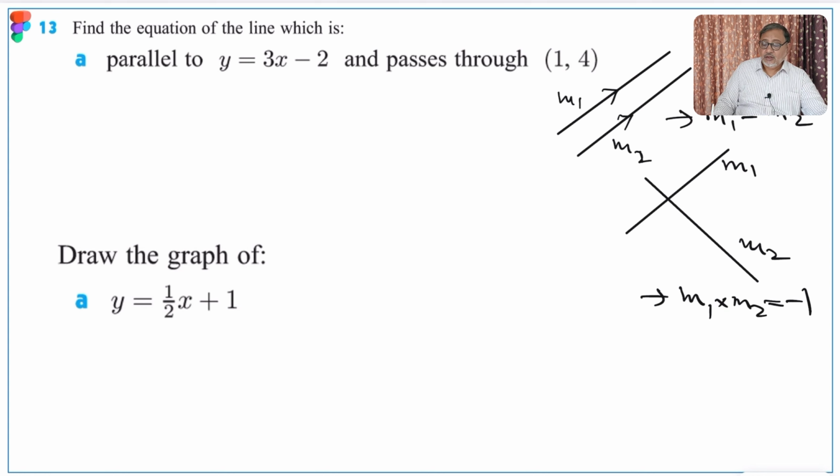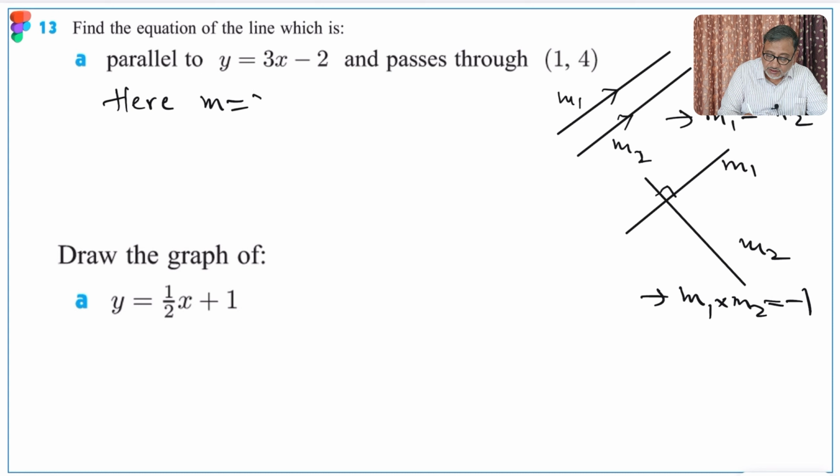Okay, this is the property of parallel and perpendicular lines. Yeah, these are perpendicular to each other. So here parallel to this, so here m will be same as the given equation. So m is equal to 3 and point is 1 comma 4.